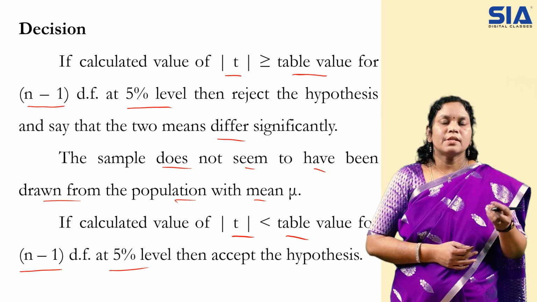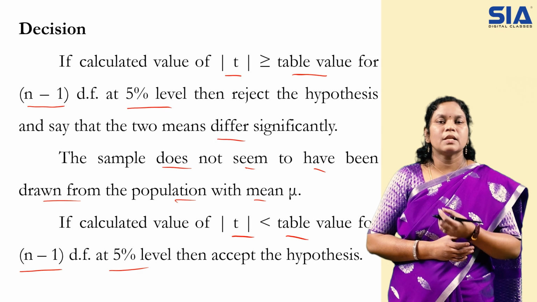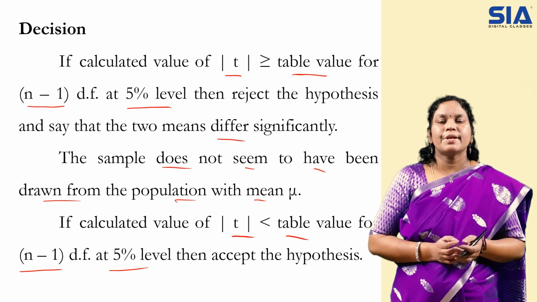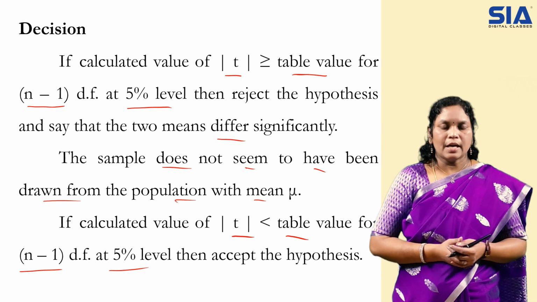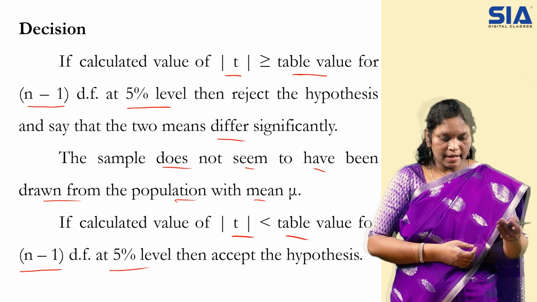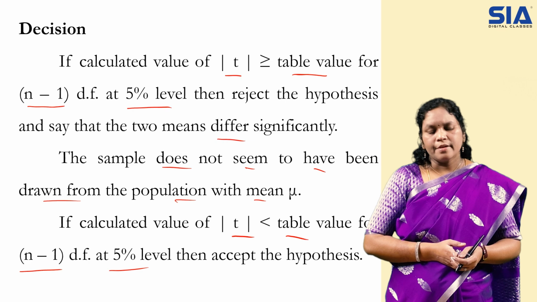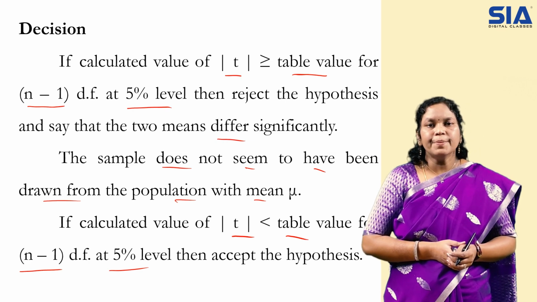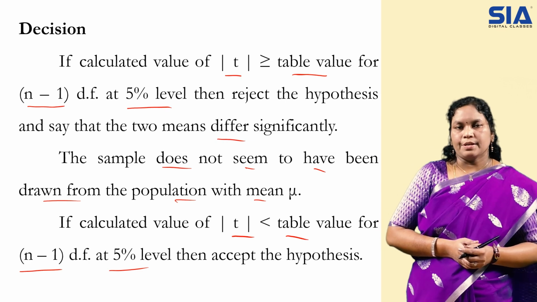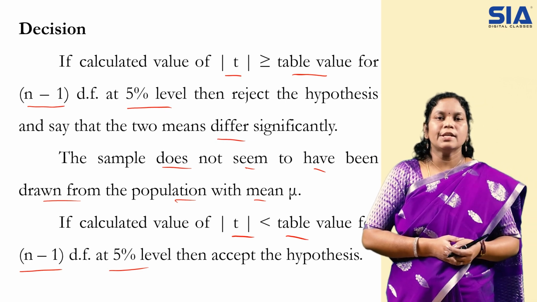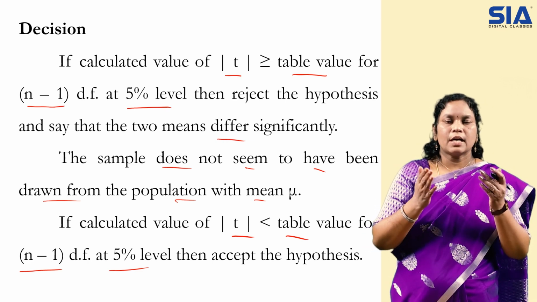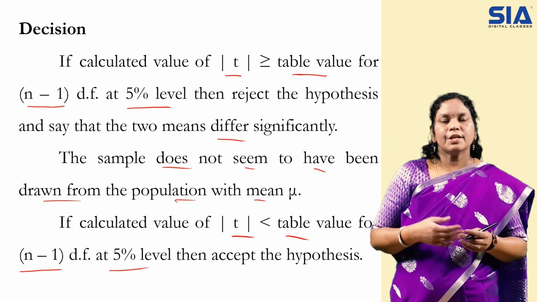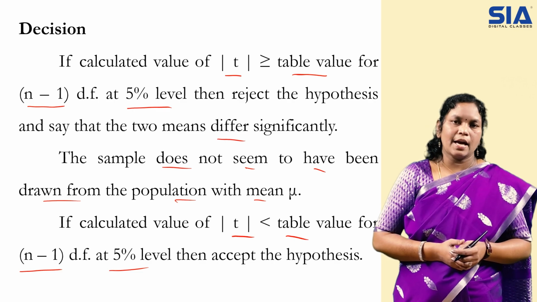So we say that the sample has been drawn from the population mean. This is how we give the decision: after obtaining the test statistic, we consider it as the calculated value and decide whether to accept or reject the hypothesis.